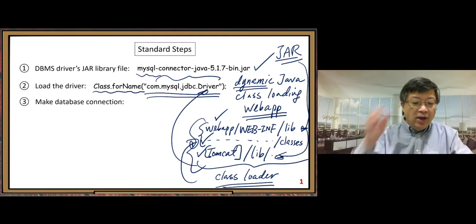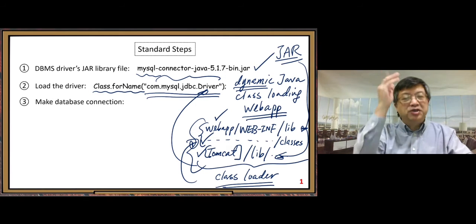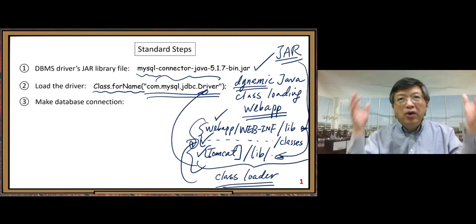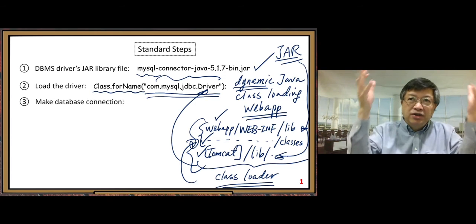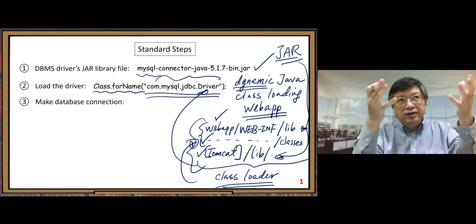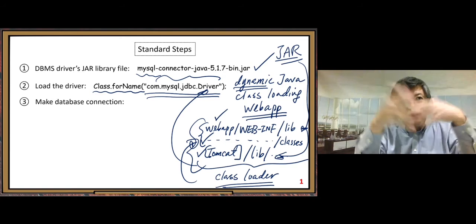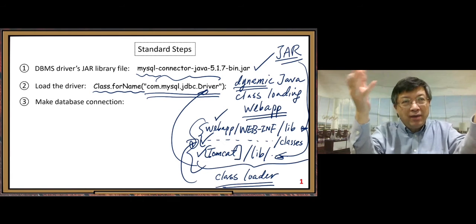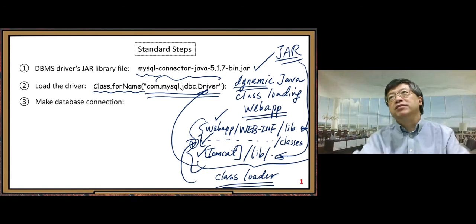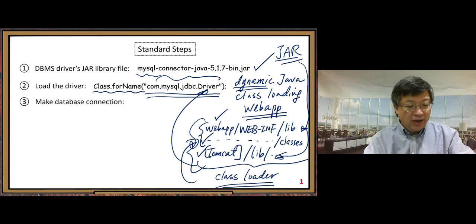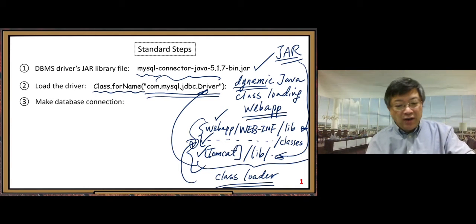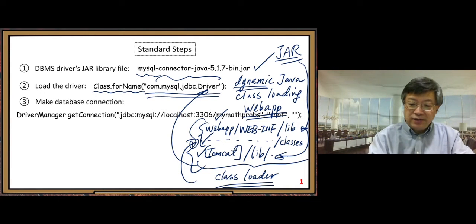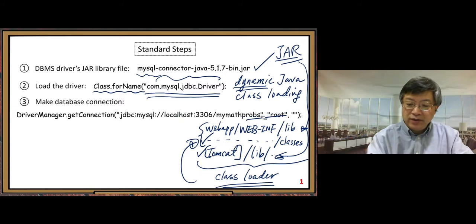Number 3, make database connection. Now all your driver classes are loaded, available, ready in the main memory. Now you can use them. How to create a database connection? Let me show you this long line.